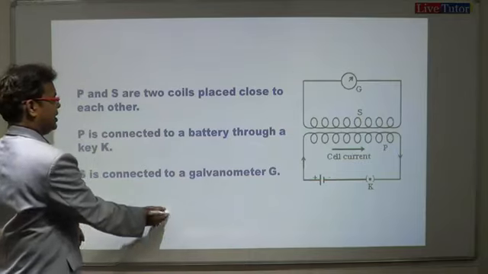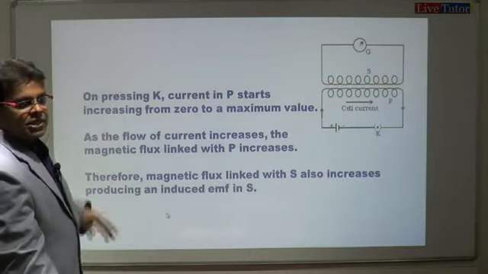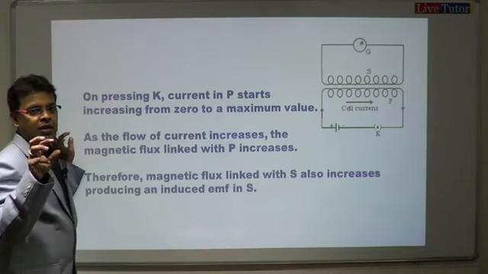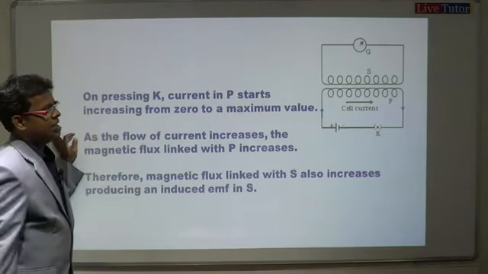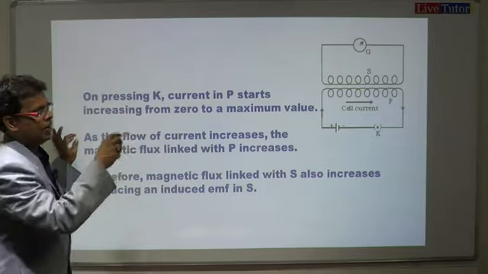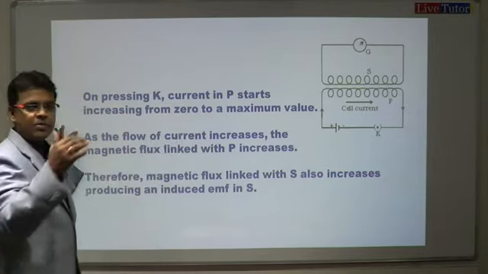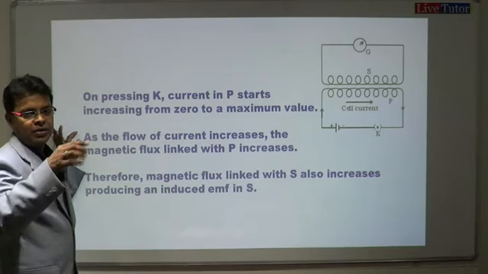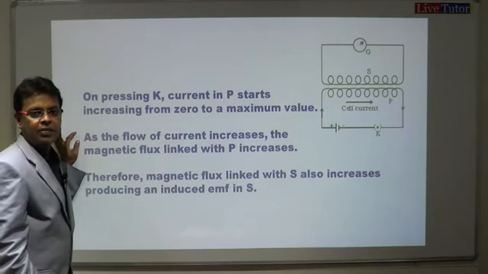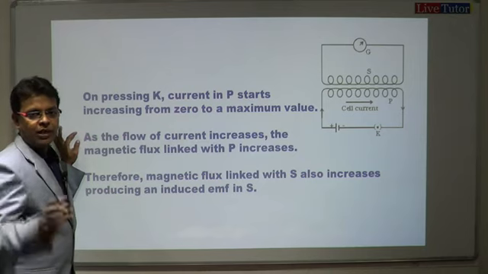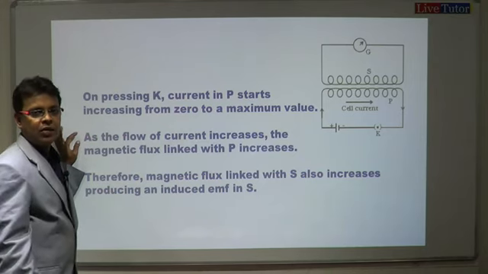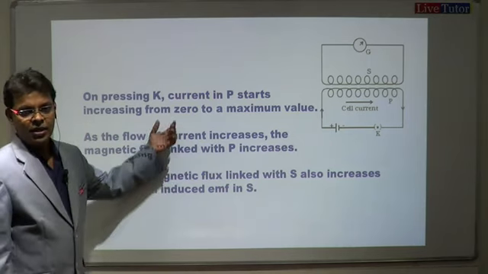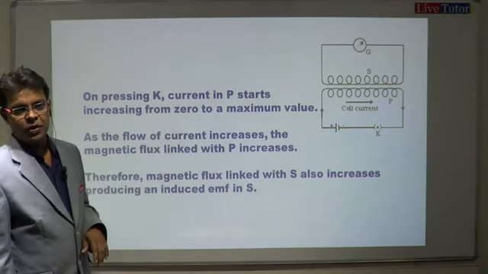Now see what happens. Suppose on pressing the key, the current in the primary coil, that is the first coil, starts from 0 to the maximum. When the key is pressed, current starts to flow, so it increases from 0 to maximum. We know that as the current increases, the magnetic flux linked to the coil also increases. Both are directly proportional, as we have said, isn't it?